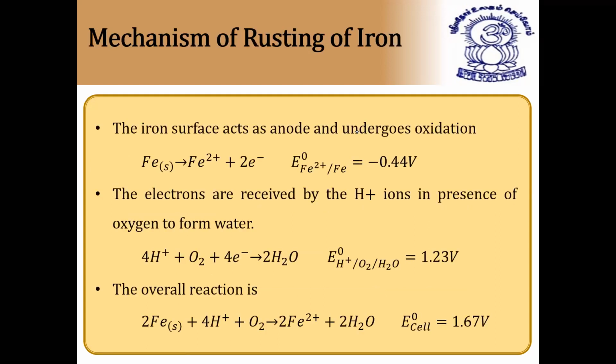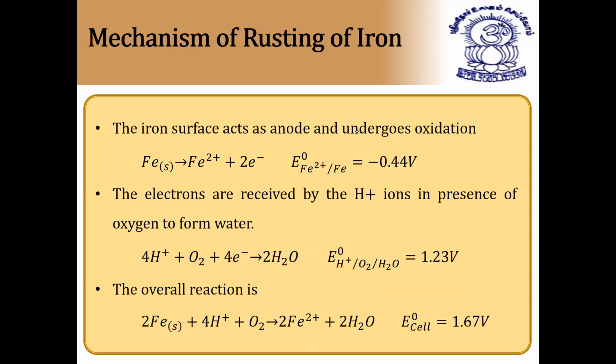So what is the mechanism of rusting? Iron surface acts as anode and undergoes oxidation. These reactions they will ask in the exam. First iron changes to Fe2+ plus 2 electrons. E° of Fe2+ to Fe is equal to minus 0.44 volts. The electrons are received by H+ ions in the presence of oxygen to form water.